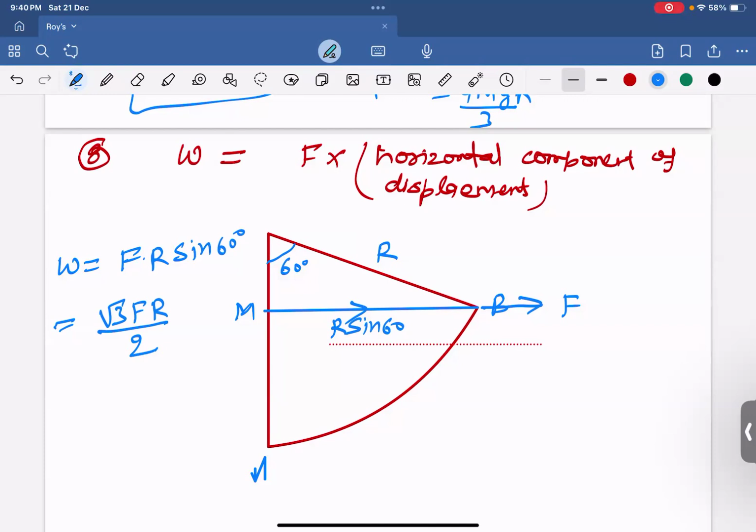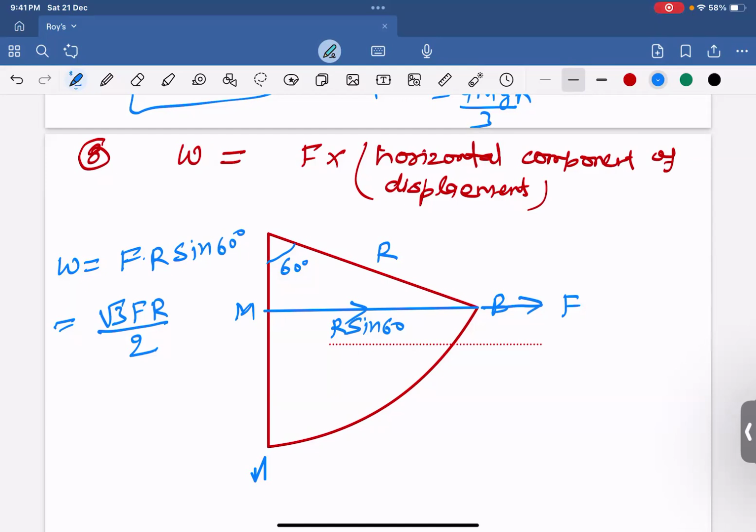On the same page, if I take question number 4, it states that a body constrained to move in z direction is subjected to a force given by F equals 3i cap minus 10j cap plus 5k cap.